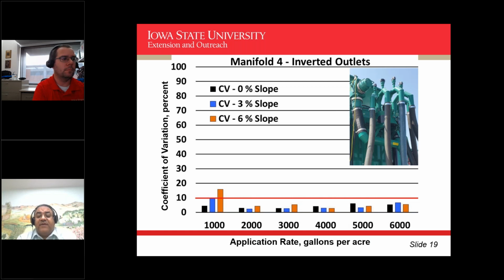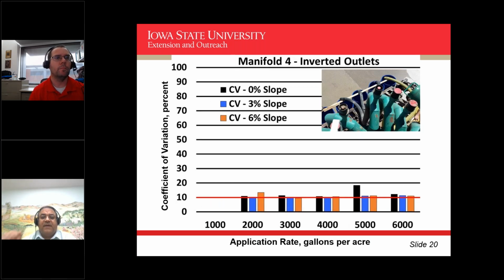In this particular setting, we actually disconnected the toolbar and had the hoses just discharge straight down into our drums. As you can see, it gave pretty good performance across the board on all application rates. Down at 1,000, it was a little bit higher, but overall we had pretty good performance, so it did give us a low coefficient of variation.